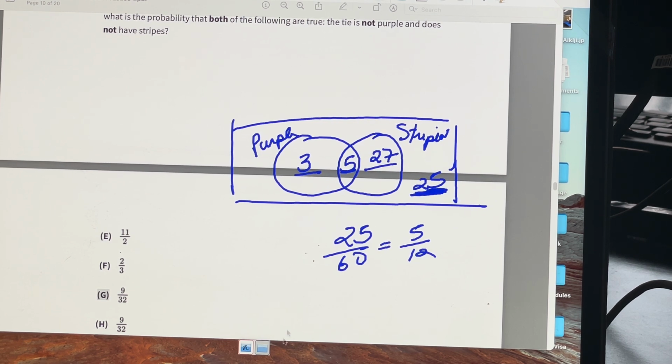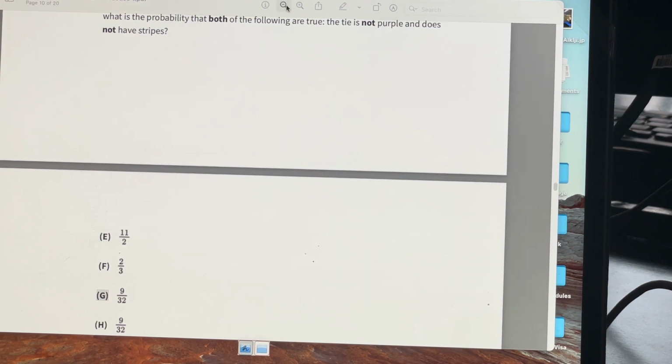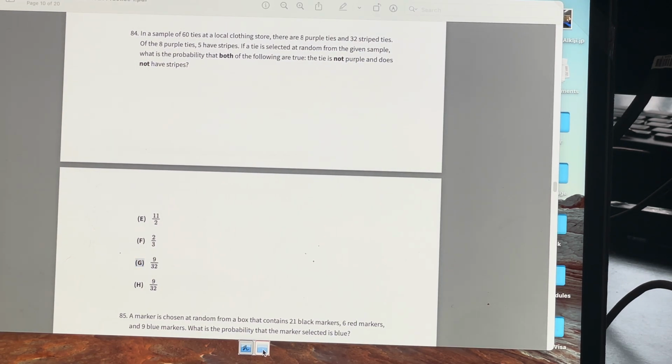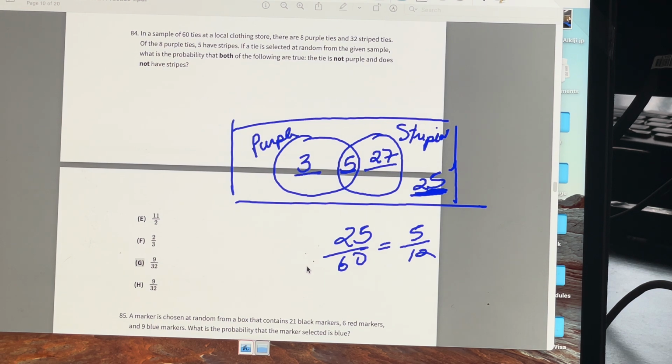Am I reading the question wrong? What's the probability that both of the following are true? The tie is not purple, so if it's not purple and does not have stripes, it has to be this one. Let's see, 27, 3, 30, 35, 35 and 25. Let me make this a little bit smaller, and I can see the whole question. Eight purple, stripe, 32.